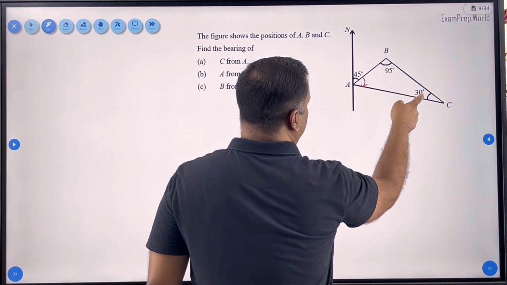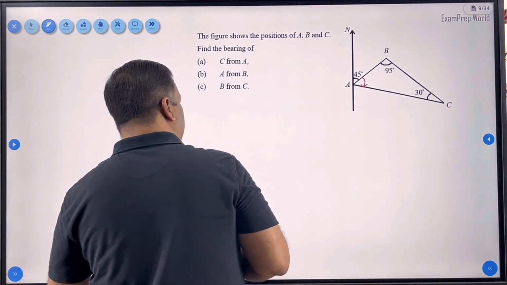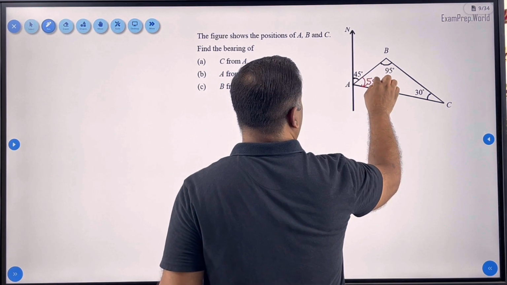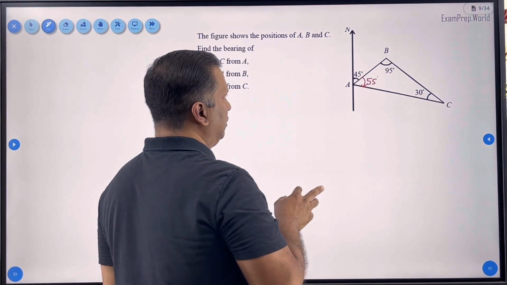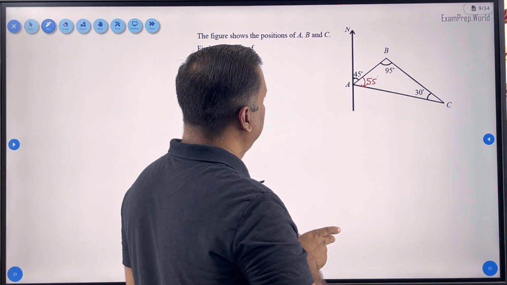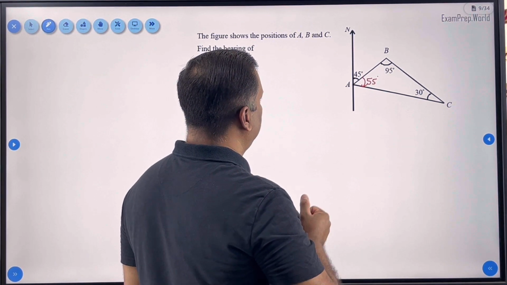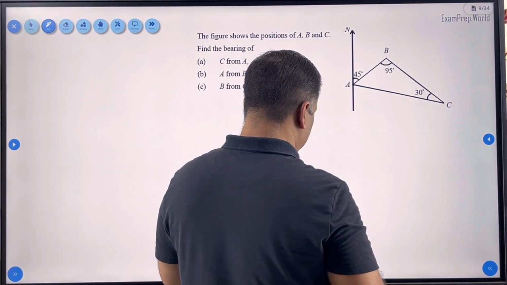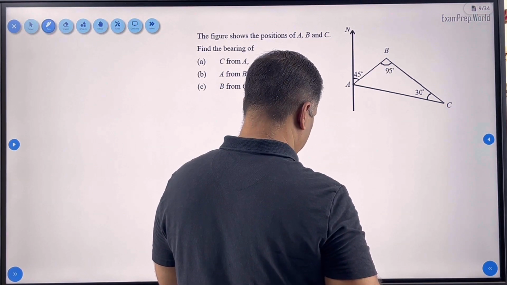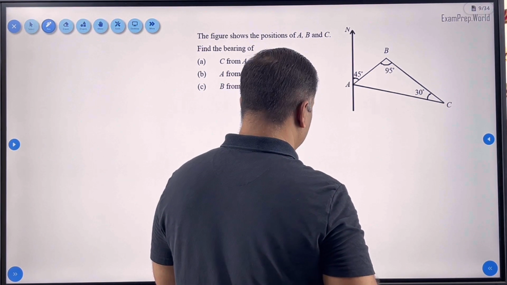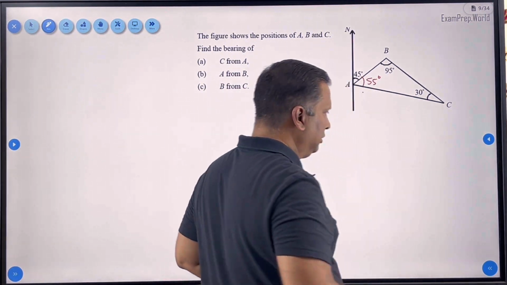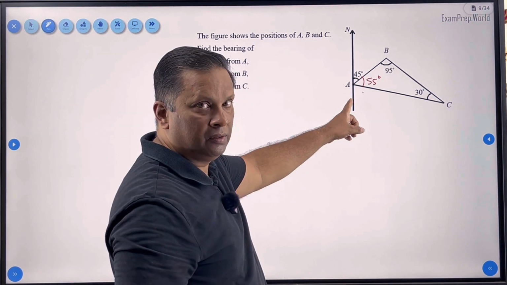First tell me. 95 plus 30 is 125. 180 minus 125 is 55. 55 degrees. If this is 55, this is 55.